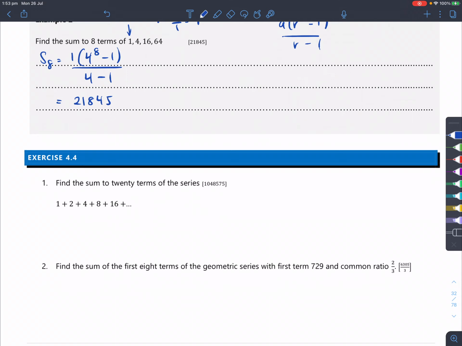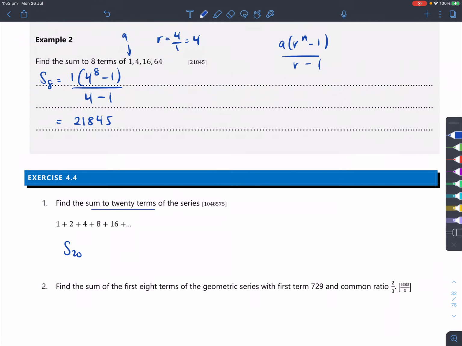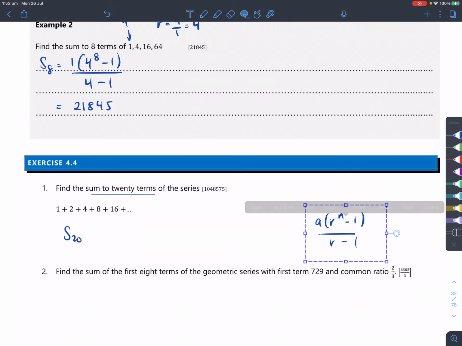Okay, exercise 4.4. Let's do the same thing again. Let's find the sum to 20 terms of the series. So finding S20, where that is our formula for Sn.